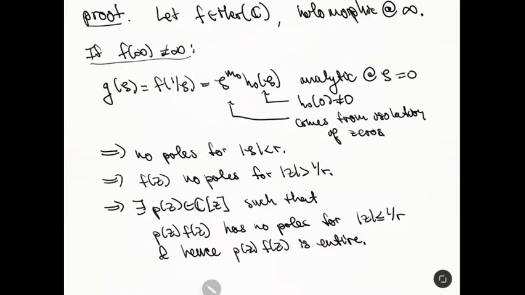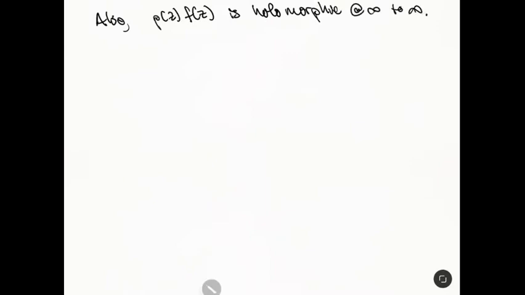Okay, so also this tells us, since we know P of z is holomorphic at infinity to infinity, so this means that we have just to flip twice, and this guy is holomorphic.